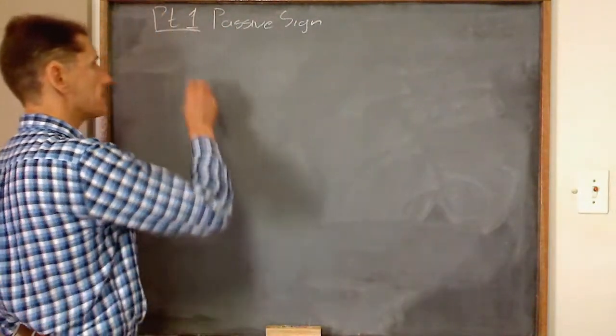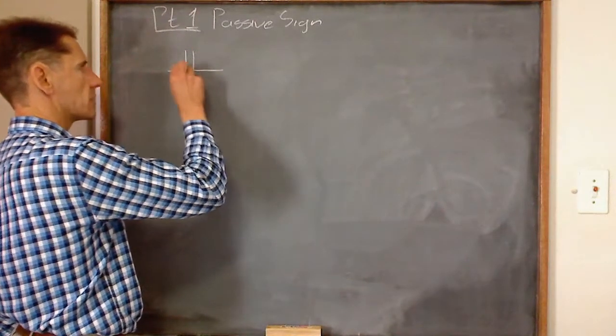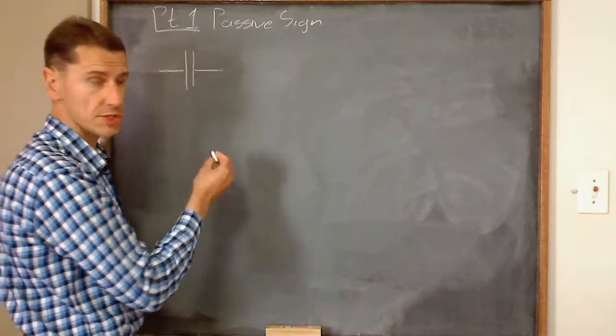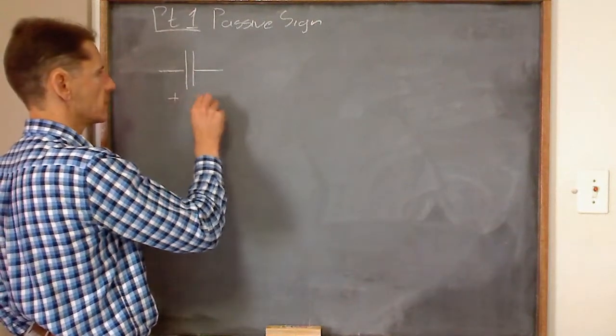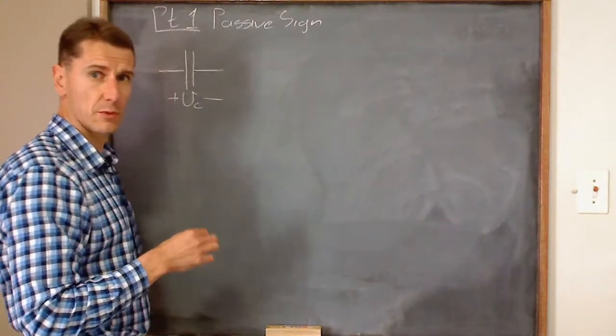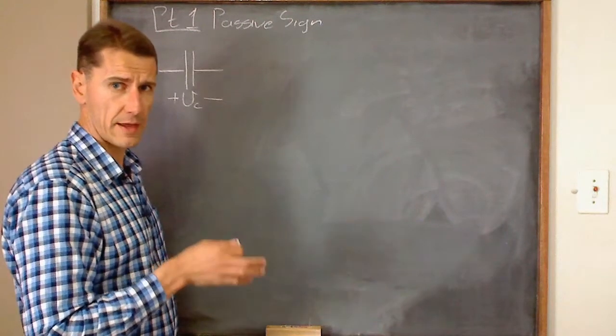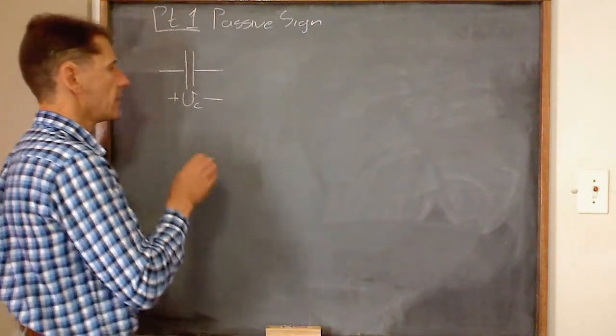So let's first look at a capacitor. When we're looking at capacitors, we typically want to know what the voltage is across the capacitor. So plus, minus, VC. And the textbook also now states that when we're talking about V, it's the capacitor voltage, and if it's I, it's inductor current.